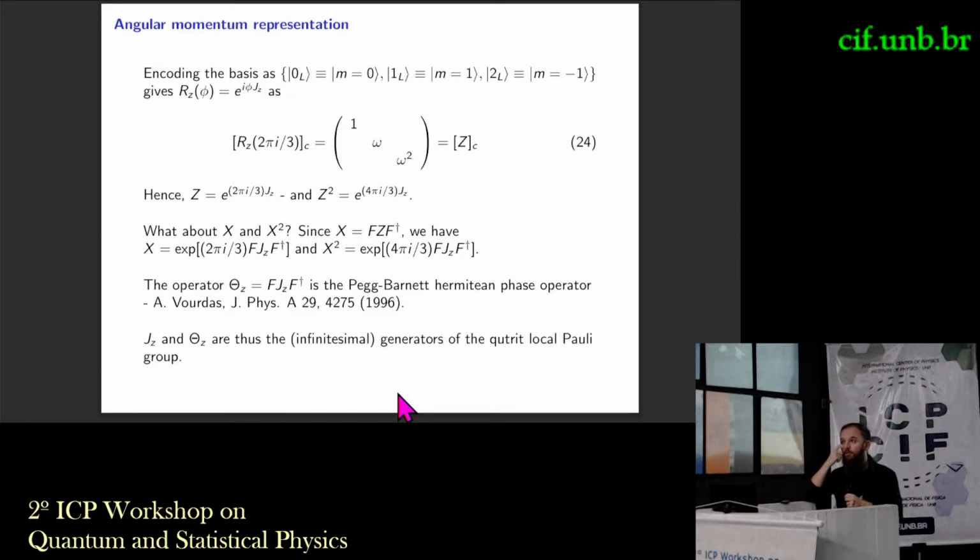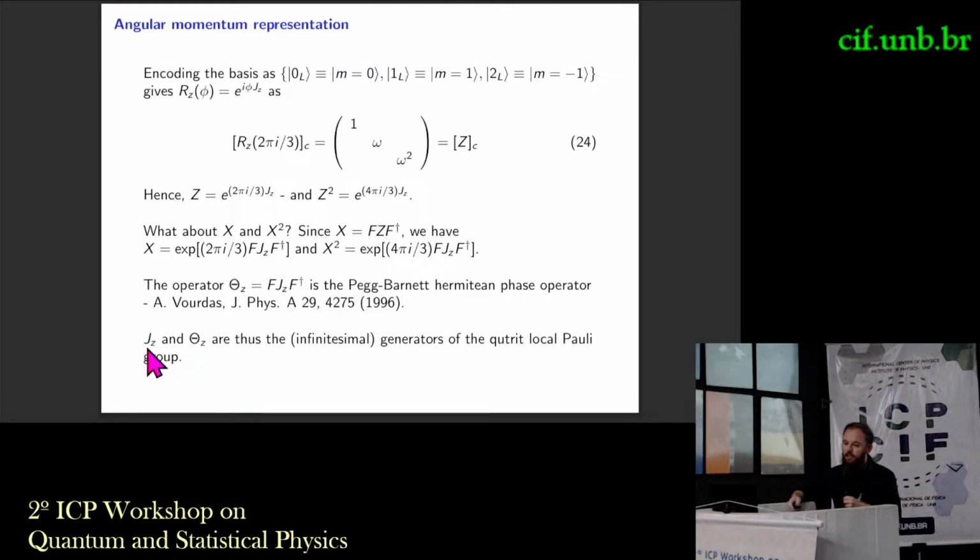If you want to construct the full Pauli group, you apply the Fourier transform, okay? So you will fall into a kind of rotation of this observable here, which is the so-called Pegg-Barnett Hermitian phase operator, which is related to a big problem in the foundations of quantum mechanics, which is to define a Hermitian phase operator in quantum mechanics. This is the Dirac phase problem for whoever is interested.